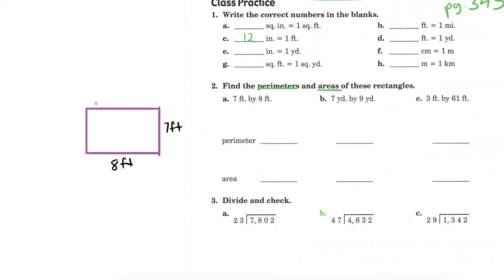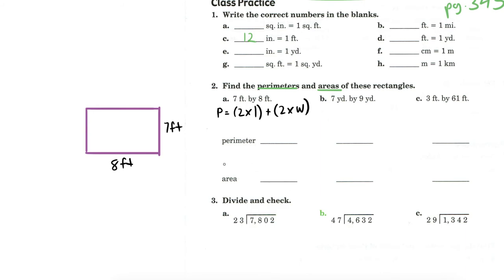Remember, perimeter measures the outside distance of the shape, like a fence. Area measures the surface of my shape, so the inside part of my shape. So do you remember the formula for perimeter? Remember, perimeter for a rectangle is 2 times the length plus 2 times the width.